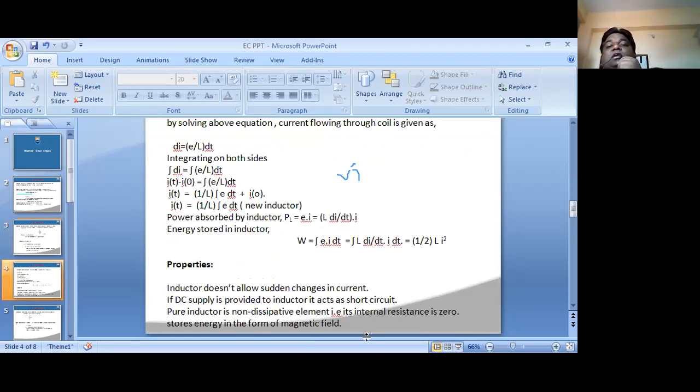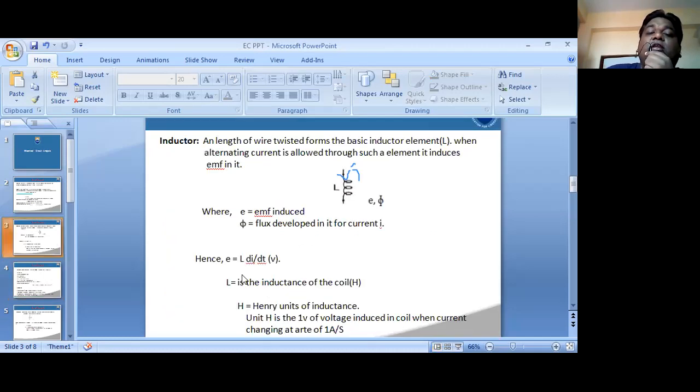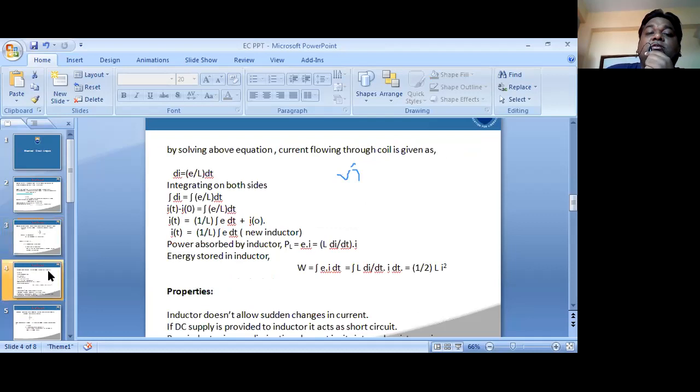I'll repeat once again the formulas of inductor. Inductance of the inductor element is given as L equals E by di by dt. EMF induced in the inductor element is L di by dt. Current flowing through the inductor element is I of t equals 1 by L integral E dt plus I of 0 if it is a used inductor.